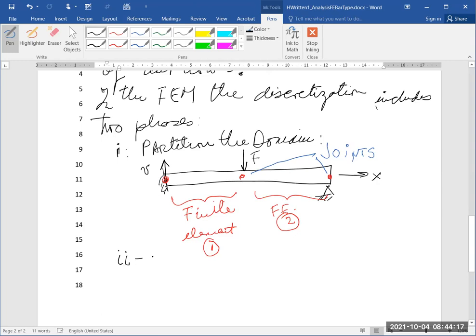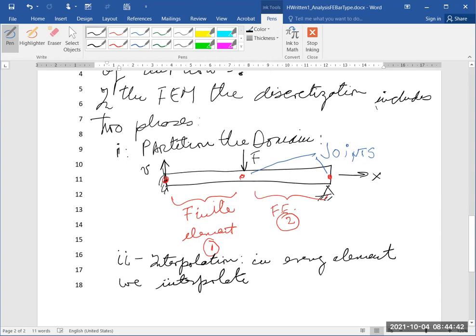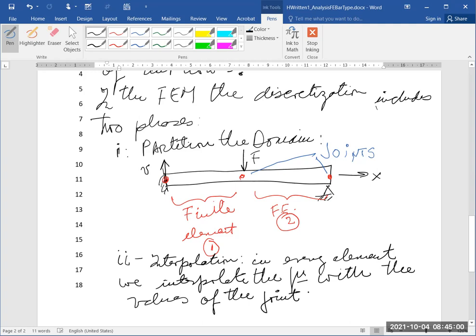So we said, okay, in every element, we interpolate the function with the values of the joints.